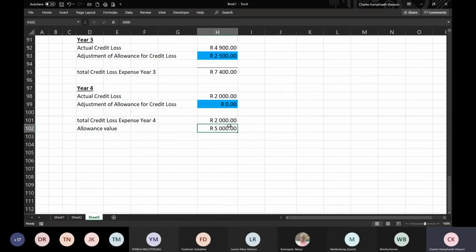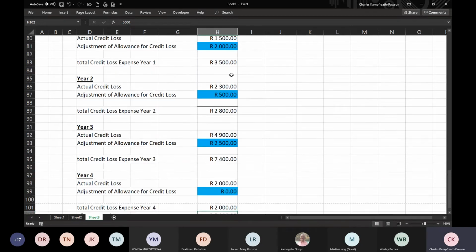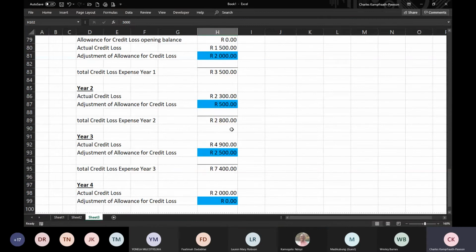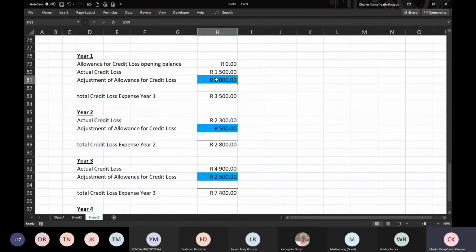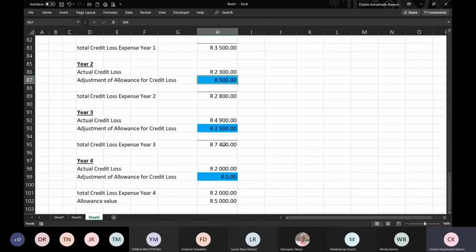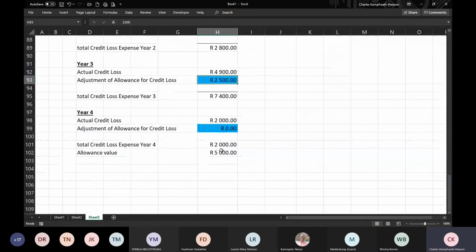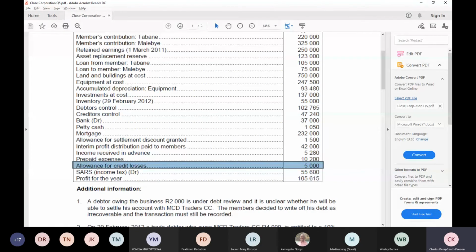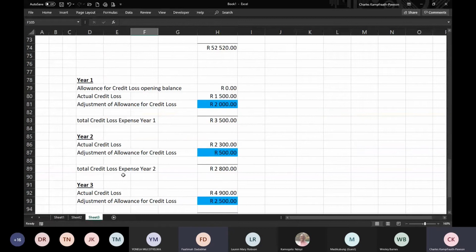And can you see that that 5,000 has been deducted from profit since year 1. In year 1 we deducted 2,000. In year 2 we deducted 500. In year 3 we deducted 2,500. So I can't deduct the 2,000 now because it's still less than the 5,000 I have been deducting. So I don't have to take the credit loss to profit and loss. Oh, okay. Thank you.